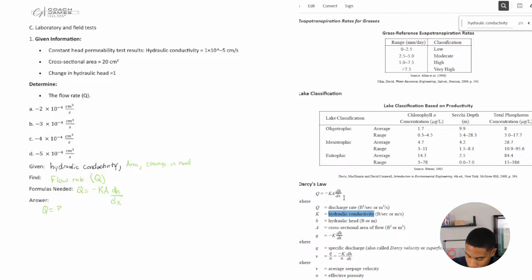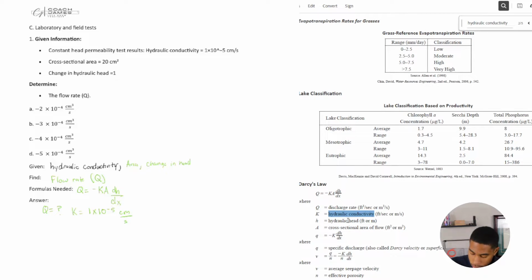Q is equal to question mark. That's what we're solving for. K is equal to my hydraulic conductivity, which is 1 times 10 to the negative 5 centimeters over seconds.